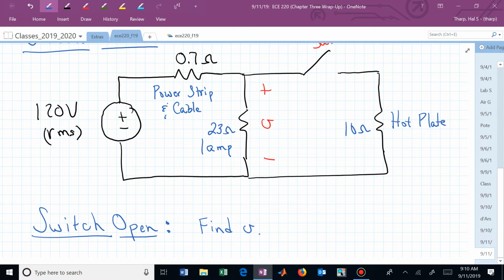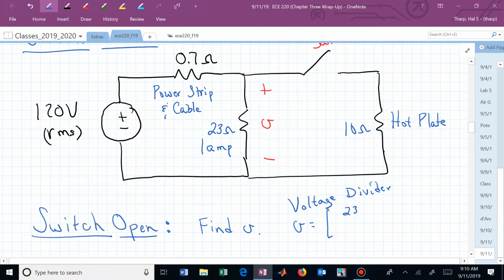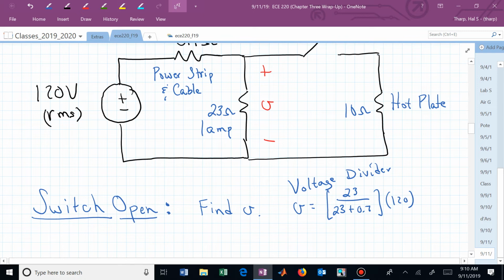And now what do we have? We have 2 resistors in series with basically an effective DC source. V, using a voltage divider, which I'm hoping you already wrote down, is going to be 23 over 23 plus 0.7 times 120.